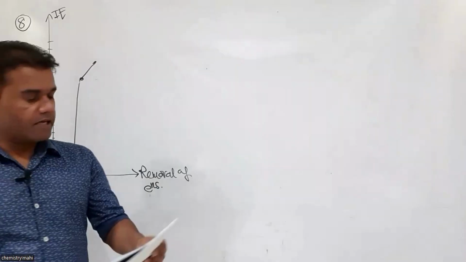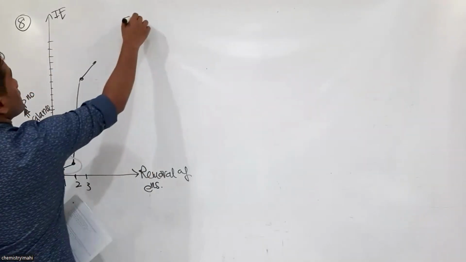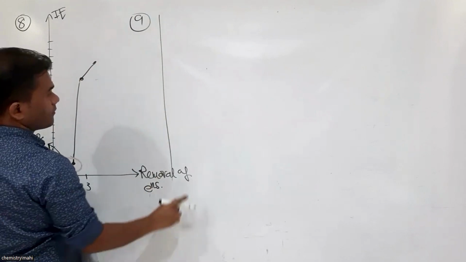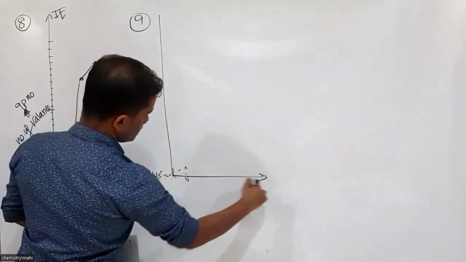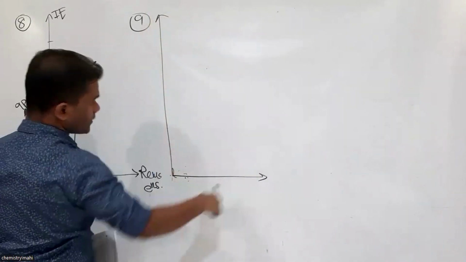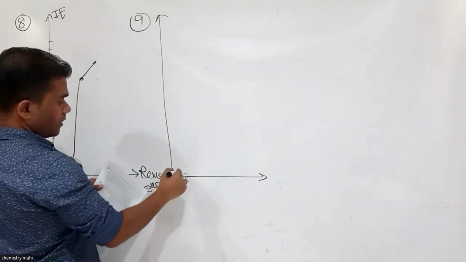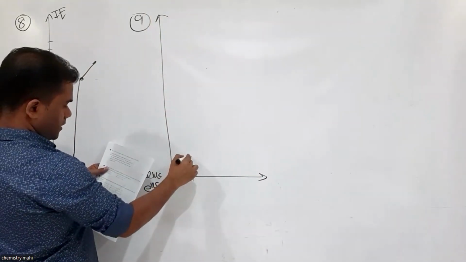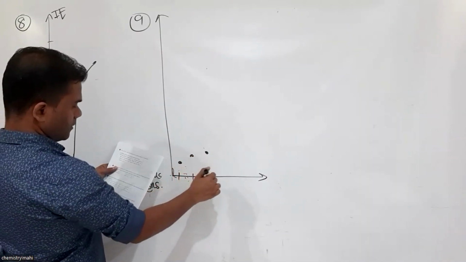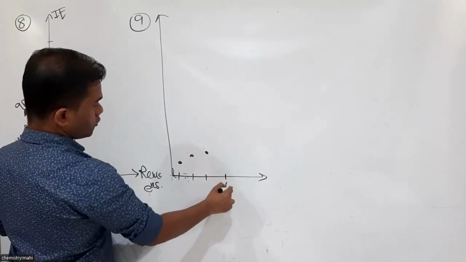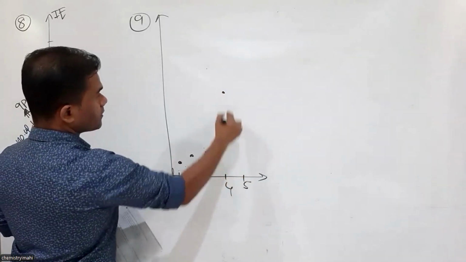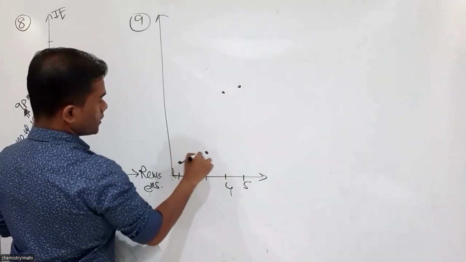Ninth question, again based on that type of graph. The ninth question also has this type of graph. Okay. So this is ionization. This is removal of electron. I don't label them. First one here, second one here, according to the graph. Third one here. And the fourth one has a higher value, and the fifth one is larger than the fourth one, but no large gap.